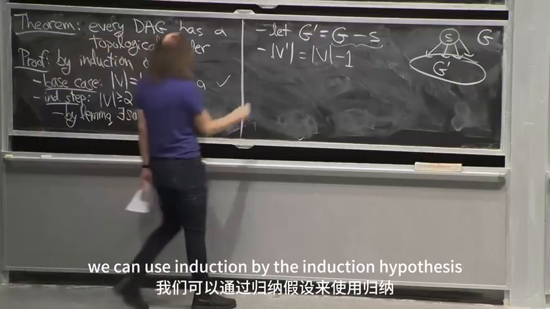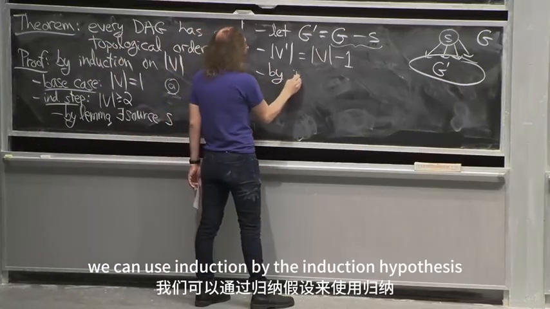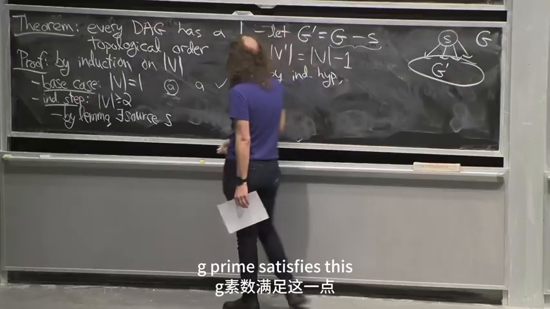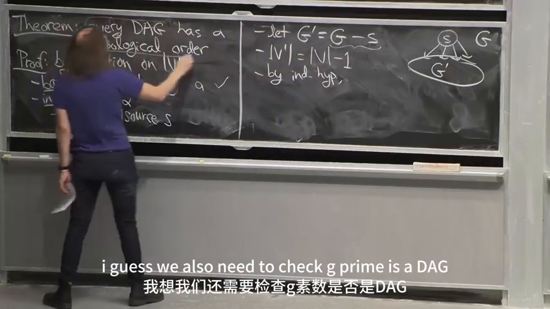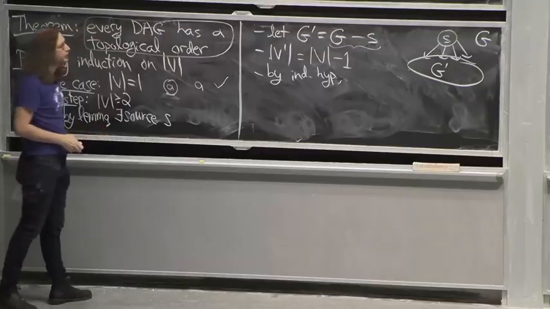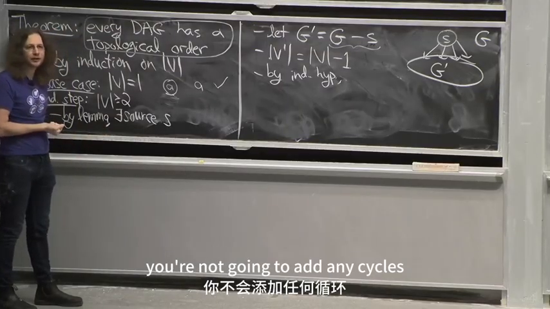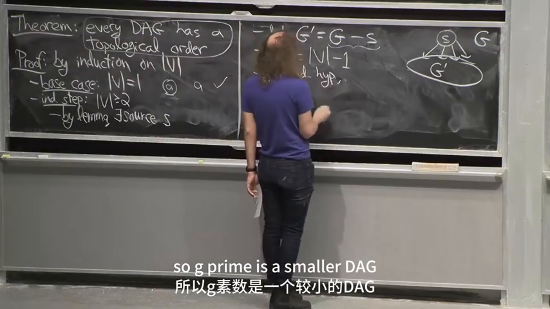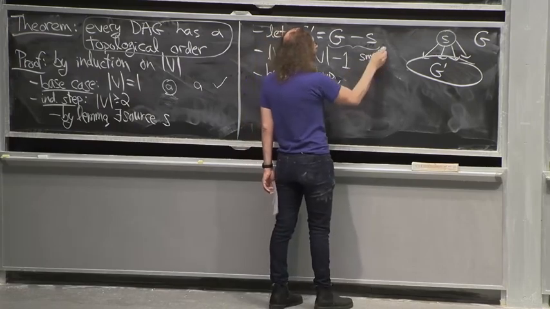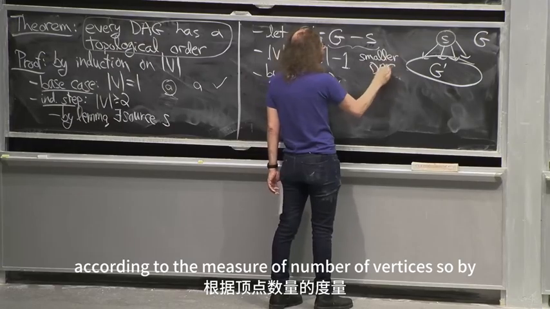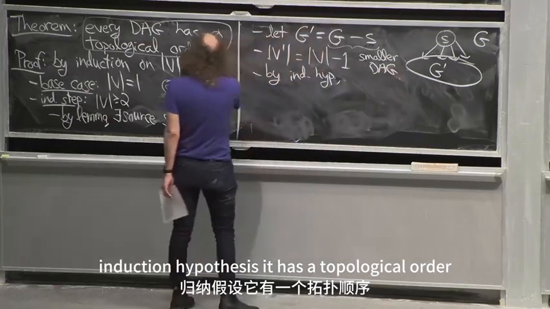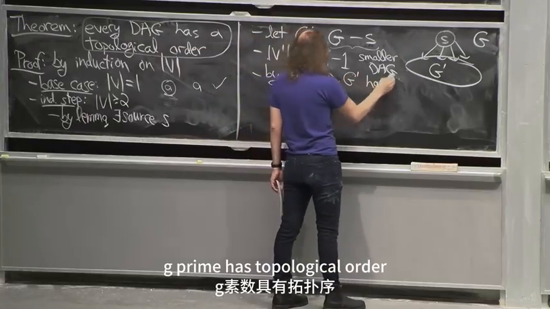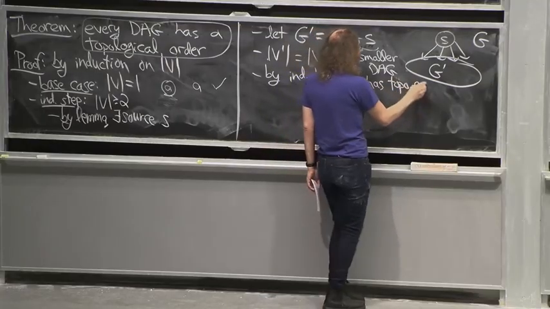So we can use induction. By the induction hypothesis, G prime satisfies this. I guess we also need to check G prime is a DAG. But if you remove a vertex, you're not going to add any cycles. So that's cool. So G prime is a smaller DAG according to the measure of number of vertices. So by induction hypothesis, G prime has a topological order.